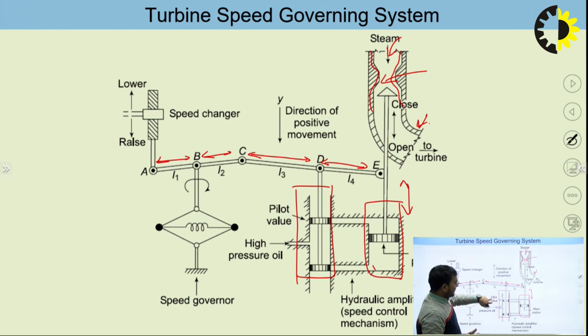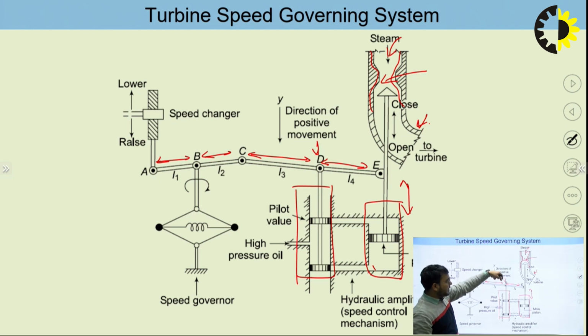So the pilot is over here, and this is the valve. Whenever this D portion moves, we will deal with one direction as positive: downward direction is taken as positive, upward direction is taken as negative, right? So let us say the direction of the positive movement is downwards.